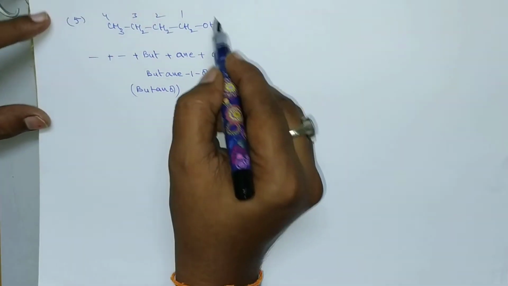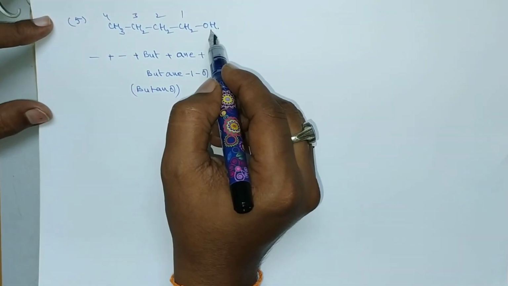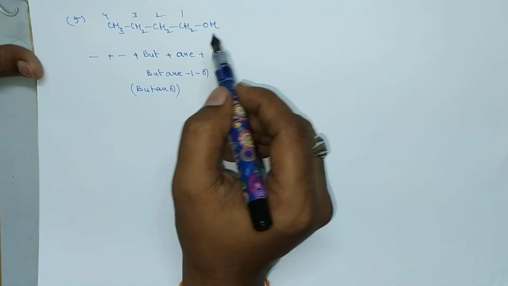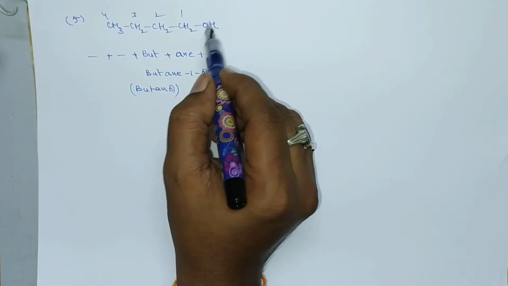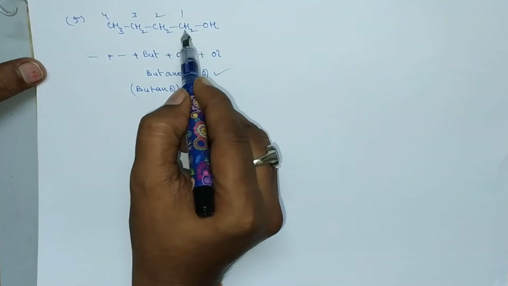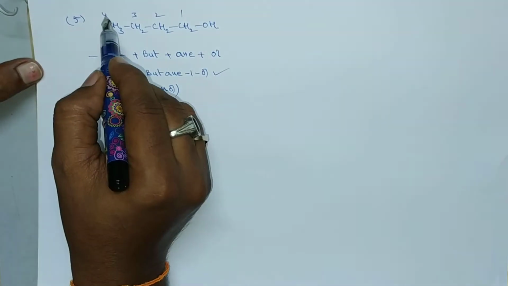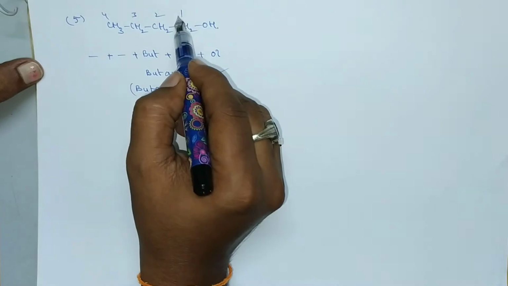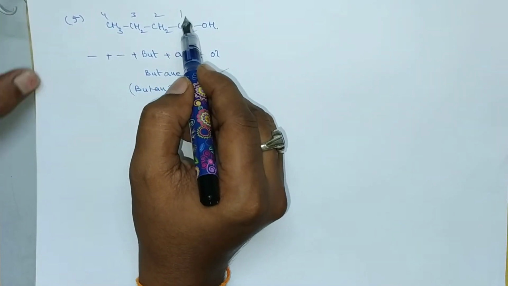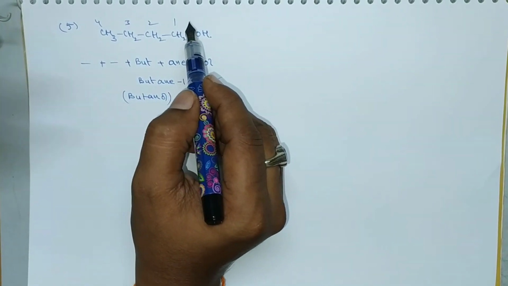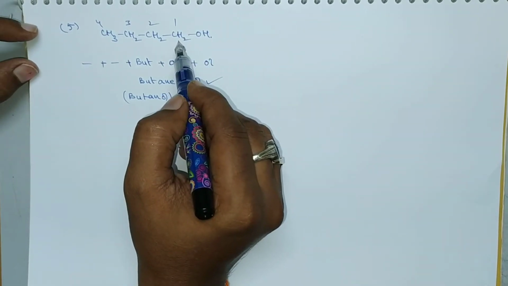The next rule is that the lowest number should be given to the functional group carbon. Here the functional group is present on this carbon, so we have to count from this direction, not from the other carbon. This will become the first carbon. The lowest number should be given to the functional group carbon.